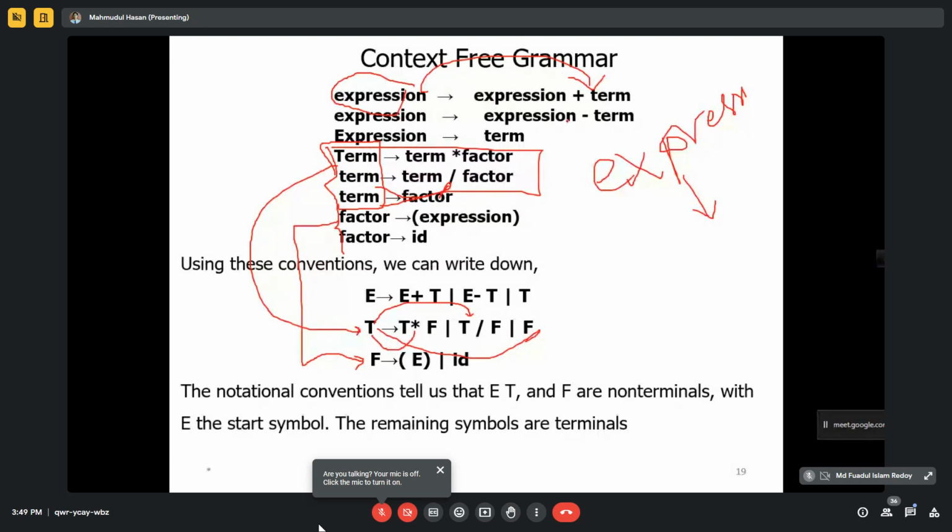But you cannot replace a terminal with anything, because you cannot go from a terminal to anything. But you can go from non-terminal to terminal or non-terminal. That means you can replace a non-terminal, but you cannot replace a terminal. Got my point, everyone?